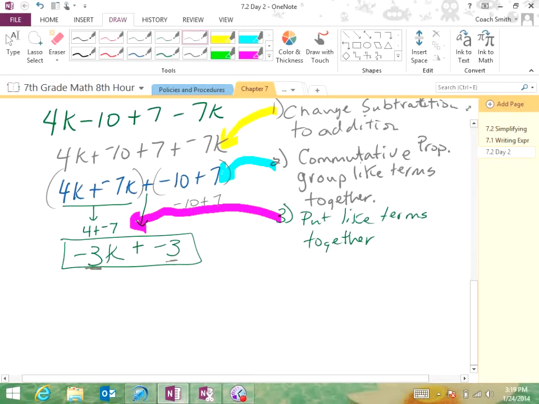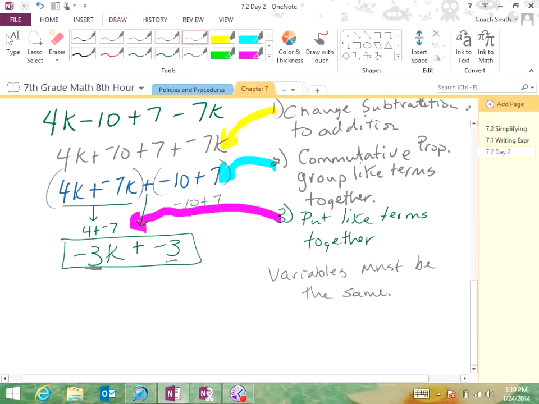So people will say, well, hey, they're both negative 3s, I can put them together. No. The variables must be the same. I have never said that the numbers have to be the same. I've said the variables have to be the same with the correct exponent. So you can't put them together even though both of those are negative 3.